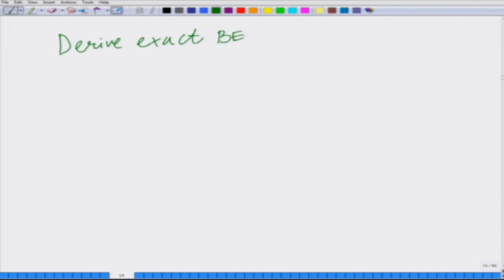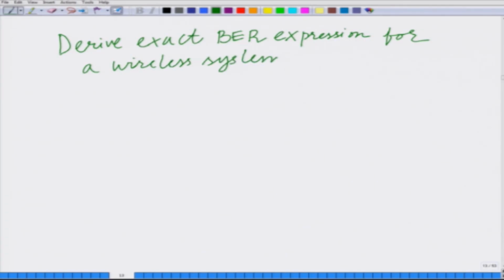So, we are going to derive the exact bit error rate expression for a wireless communication system.